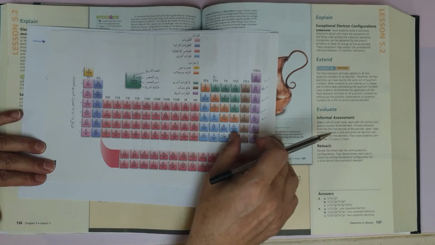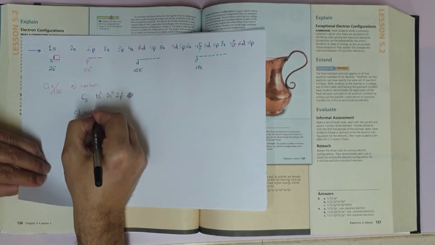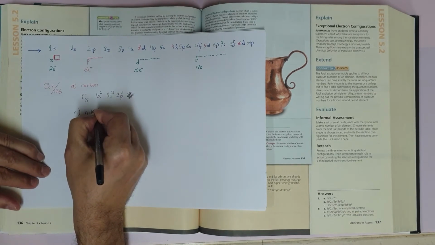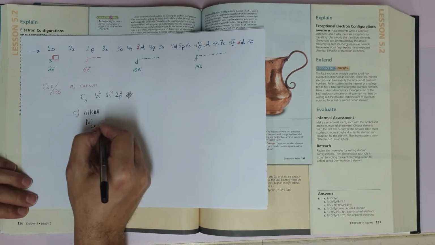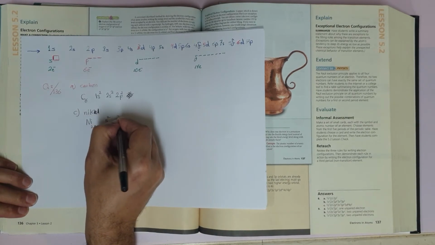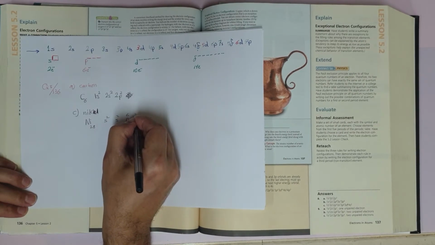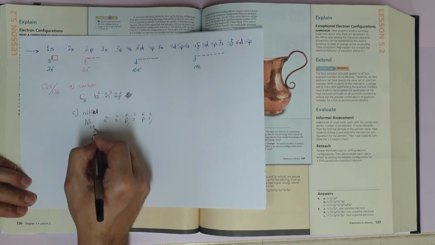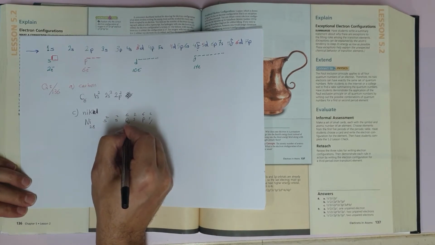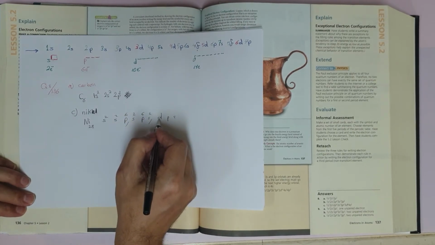Ni, atomic number 28. s, s, 2 2, p, s, 6 2 6 2, here 10 electrons and here 10 electrons, we have 8. s, s, p, d, s. d can hold 10 electrons, but we only have 8 electrons.